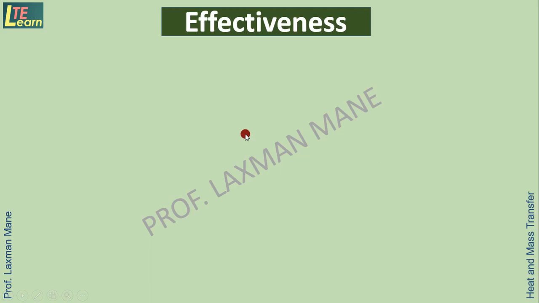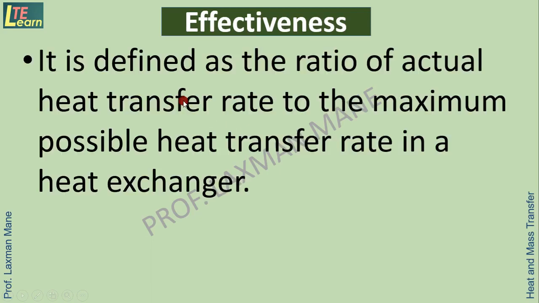The second parameter of the NTU method is effectiveness. It is defined as the ratio of actual heat transfer rate to the maximum possible heat transfer rate in a heat exchanger.